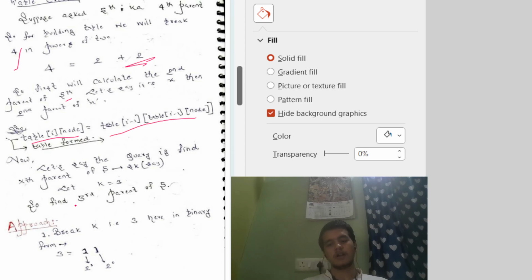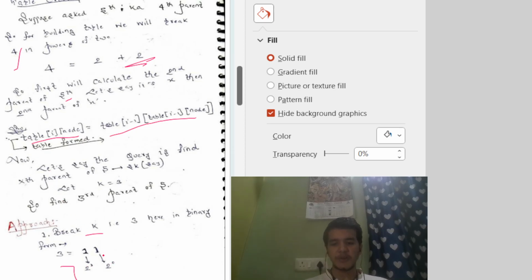Now, the most important part: how we will solve the query. Let's not focus on the question right now, just on the concept, then we will move to the question. Let's say it is asked to find the kth parent of 5, and the value of k is 3. So we have been asked to find the third parent of 5. We will break this k into binary form: 1, 1.